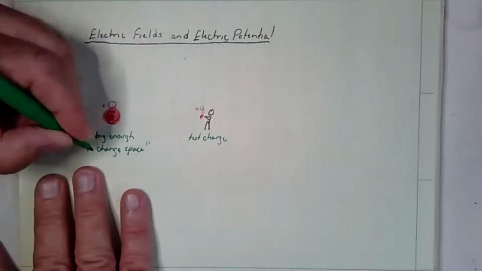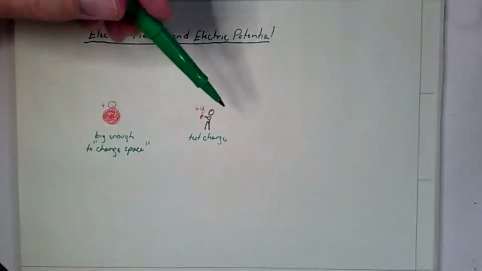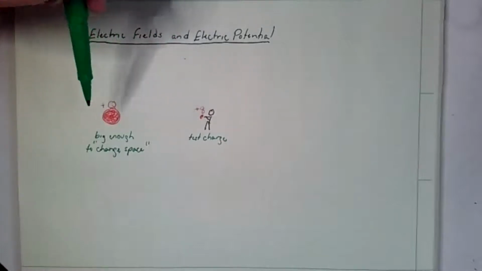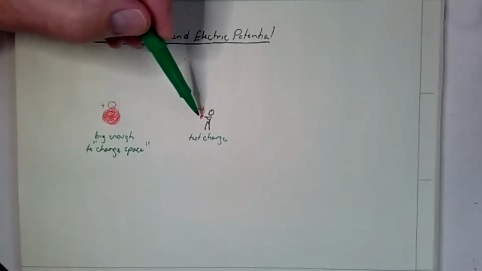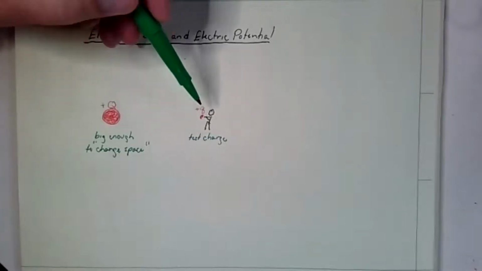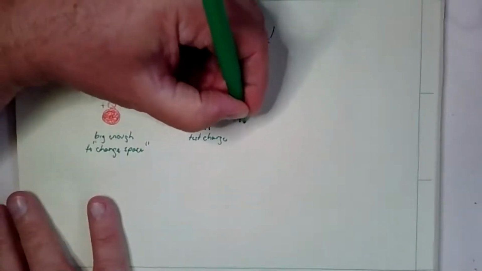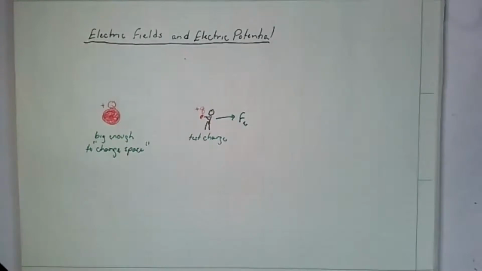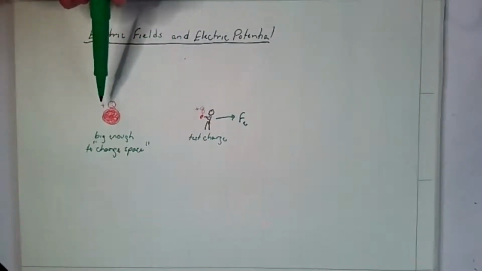Sounds like a real abstract idea, but what happens is that we have this positive charge here, and we know that if we bring another positive charge nearby, it's going to feel a force, and that's the electric force, and that force is going to be directed away from this big charge that's affecting space.